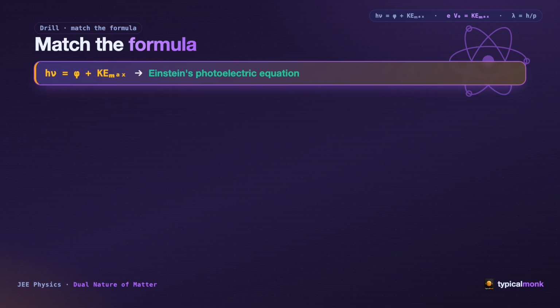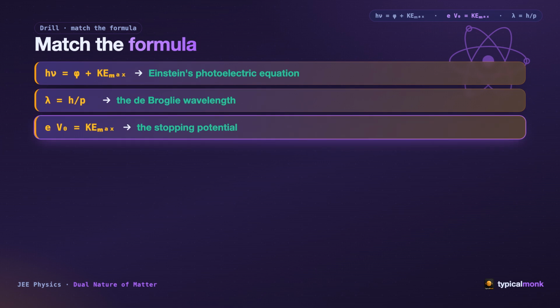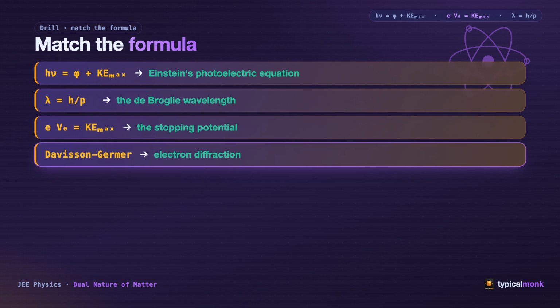Now match each formula to its name. h nu equals phi plus KE max goes to Einstein's photoelectric equation. Lambda equals h over p goes to the de Broglie wavelength. eV naught equals KE max goes to the stopping potential. And Davisson-Germer goes to electron diffraction. Four pairs, each worth memorizing.